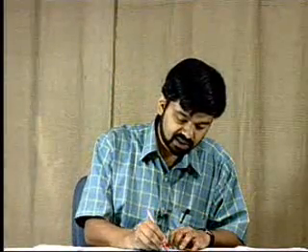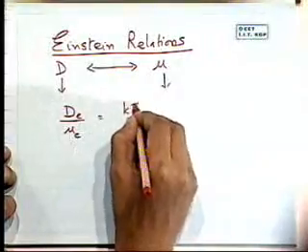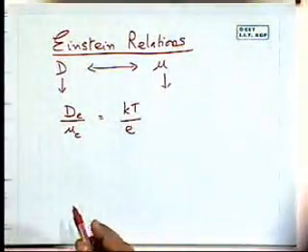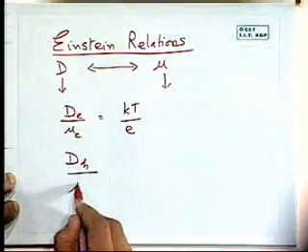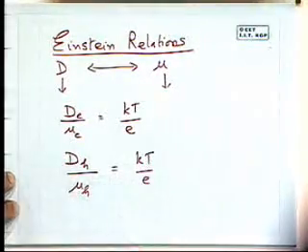Einstein's relations are the following: D_e by mu_e is equal to kT by e for the electron. Excuse me. D_h by mu_h is equal to kT by e. So these two are known as Einstein relations.